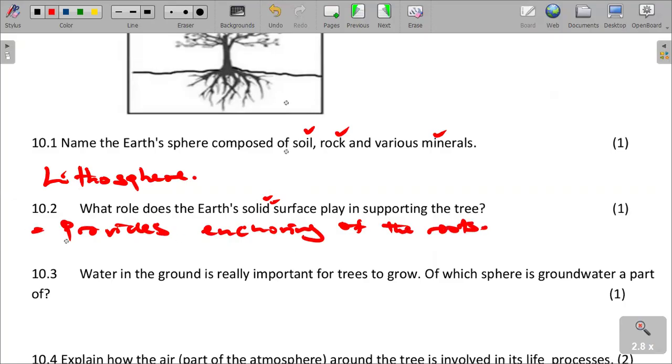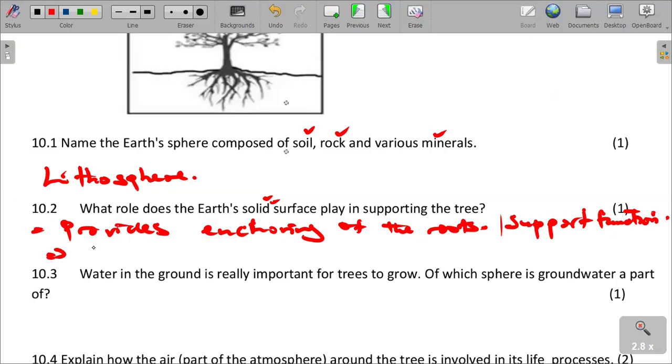It provides a support function: it supports the tree to stand, it anchors the tree.